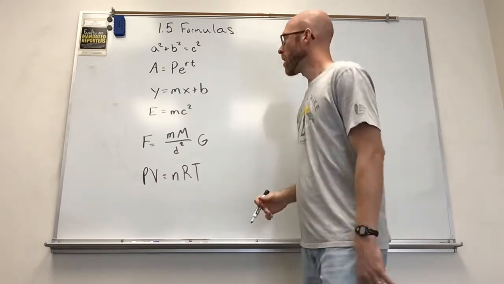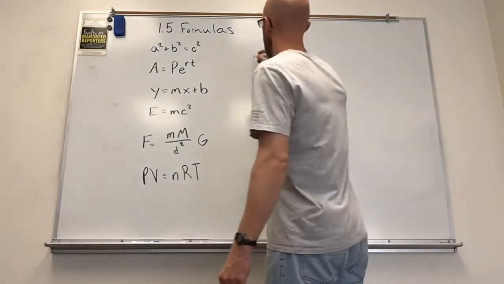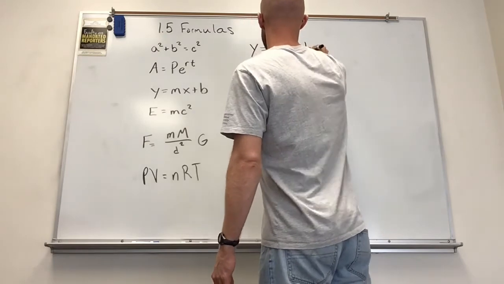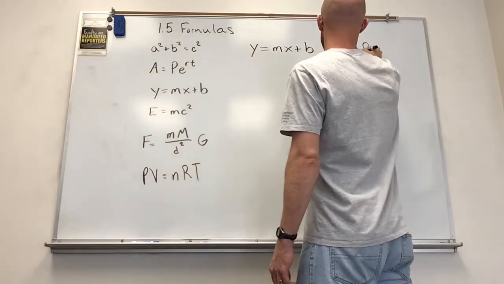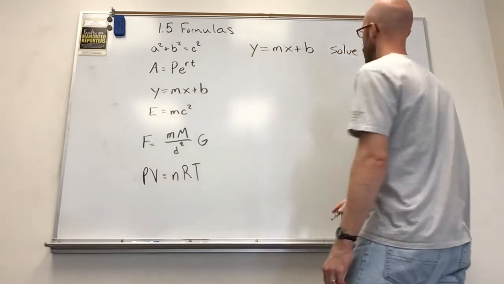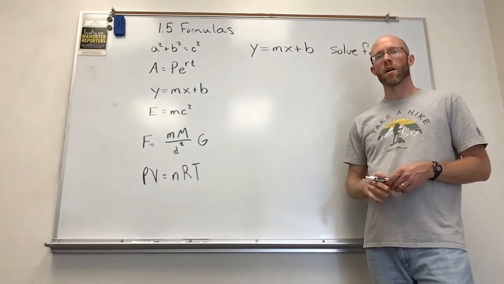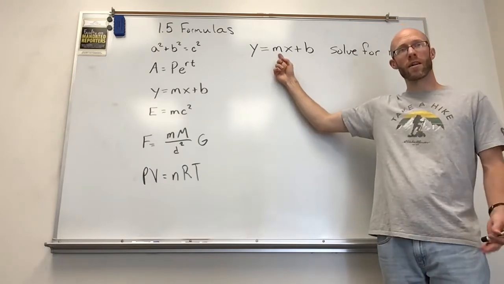Let me give you a quick example. So y equals mx plus b, and let's say we wanted to solve that for m. Solving for m just means we want to get the m variable, this guy right here, by itself.